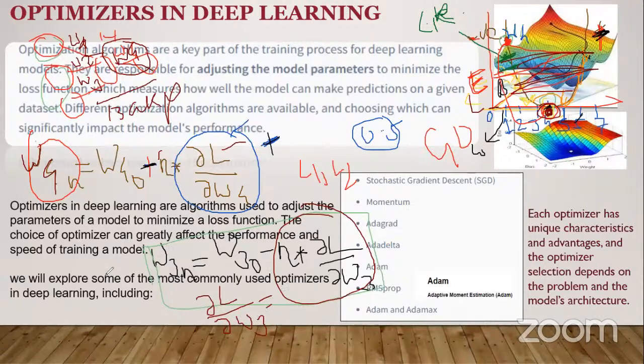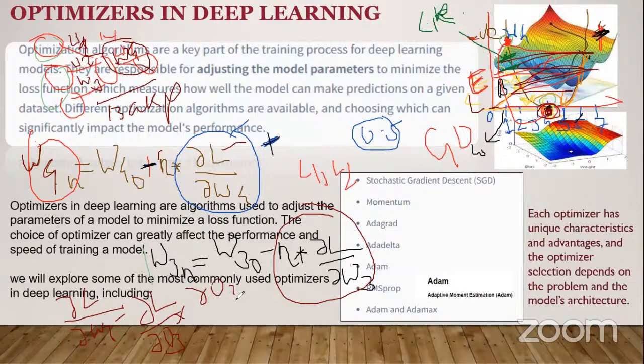Let's say I can write this same formula as the derivative of the loss with respect to W3 equals the derivative of the loss with respect to the last output, multiplied by the derivative of output with respect to output 3, multiplied by again the derivative with respect to this weight W4.